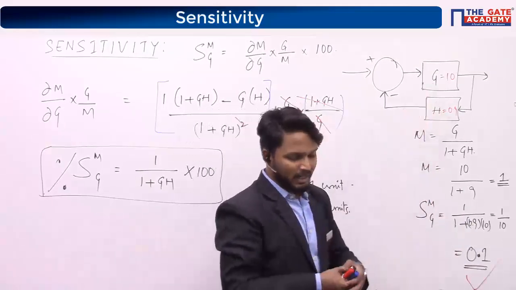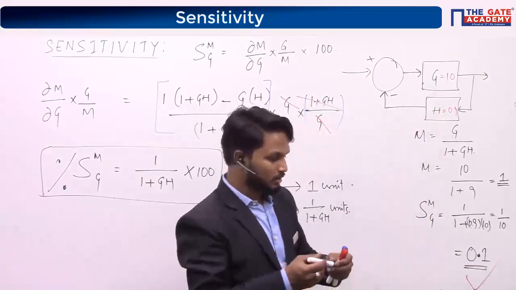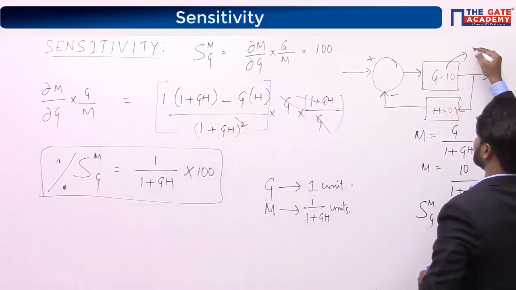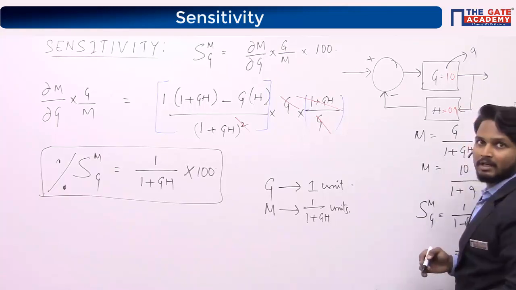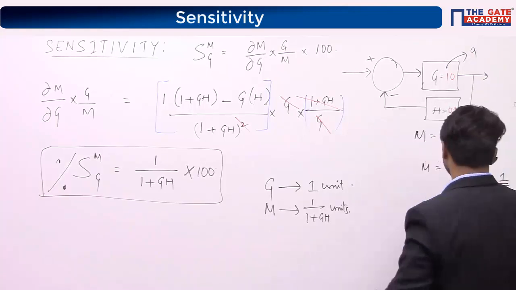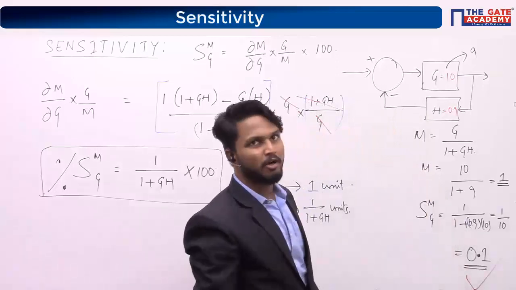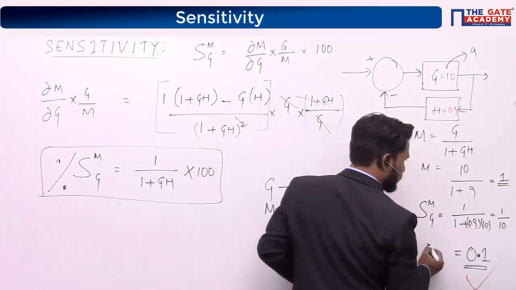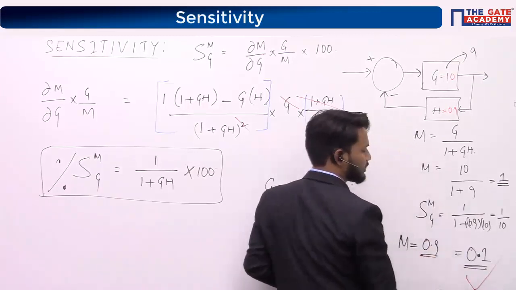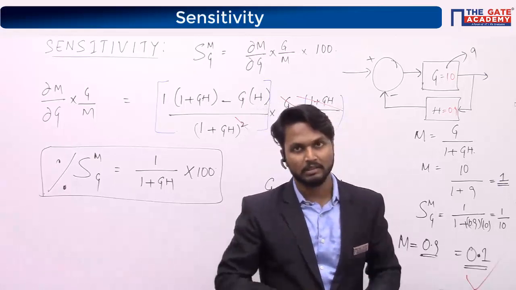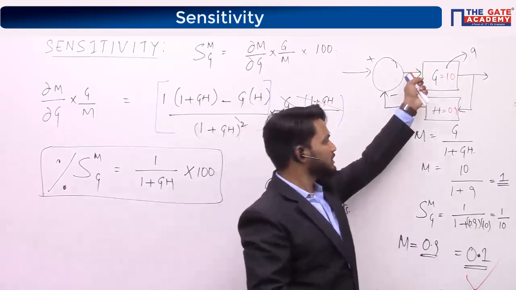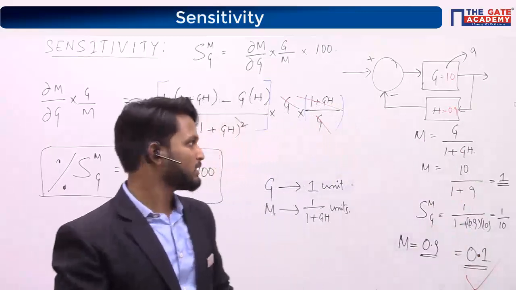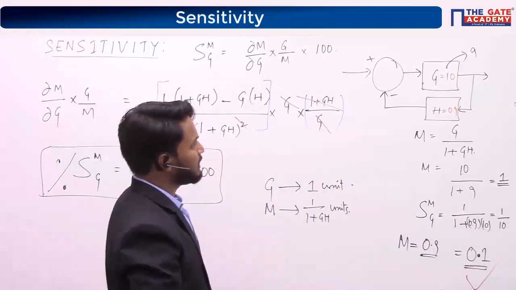See, if G has changed from 10 to 9, let us say by 1 unit, the overall transfer function M will become 0.9. That is what it is saying. For 1 unit change in G, there will be 0.1 units change in M.